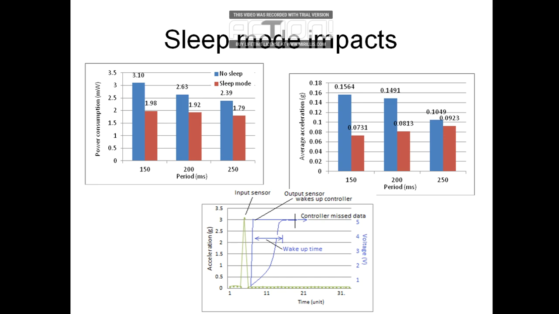While the microcontroller sleeps, as we can see from the third figure, the initial state is the microcontroller sleeping. When the vibration occurs at once, it detects and wakes up. However, when it is awake, the vibration has gone, so it missed the detection. So we don't recommend sleep mode in sensor node for vibration detection.